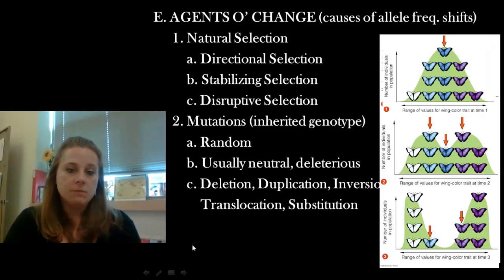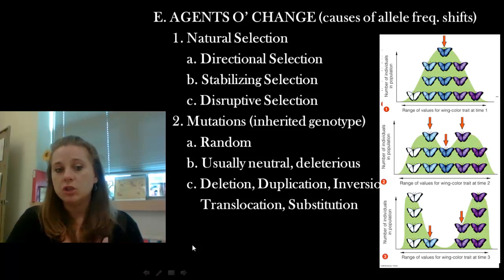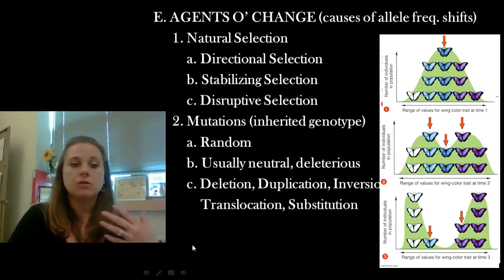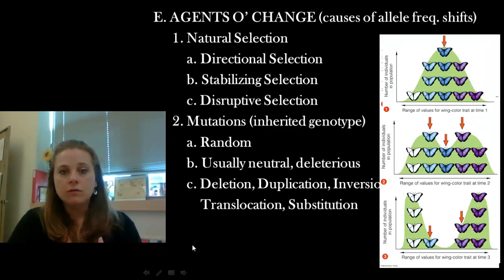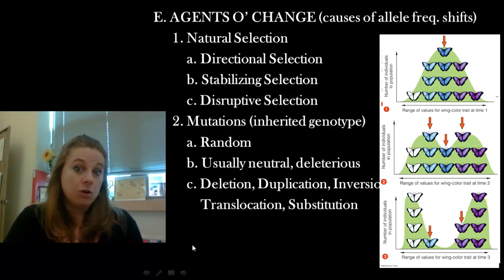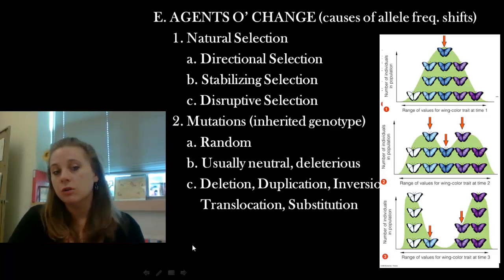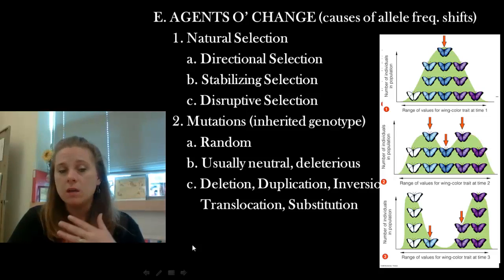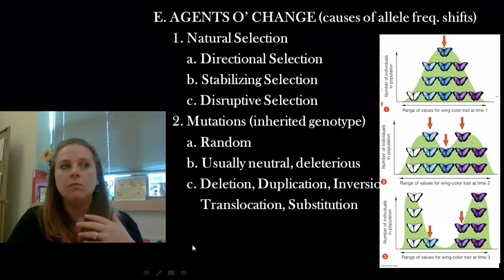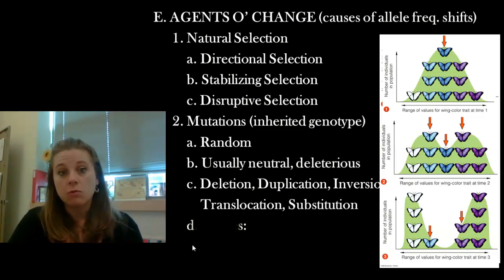So the types of mutations, just to remind ourselves a little bit of what there are, we have the deletion, duplication, inversion, translocation, substitution. All of these shifts and changes to the DNA can cause change, especially if it then gets passed on to the next generation, because remember, that's the key. If I mutate, not really a big deal if I don't pass it down to the next generation.